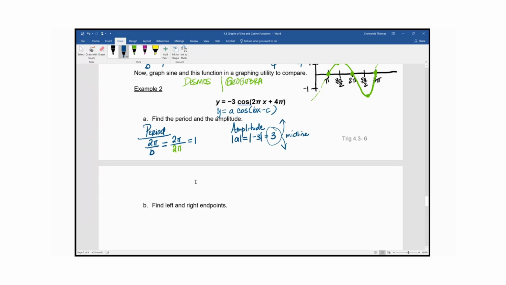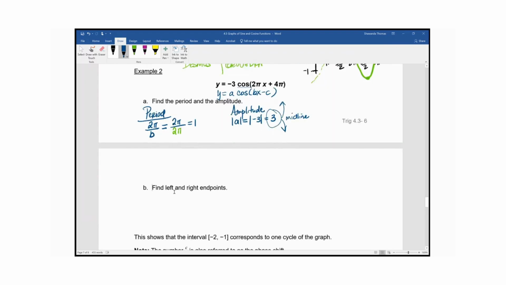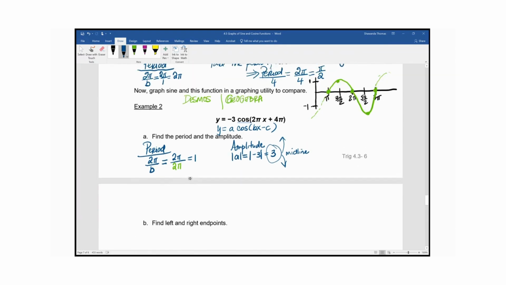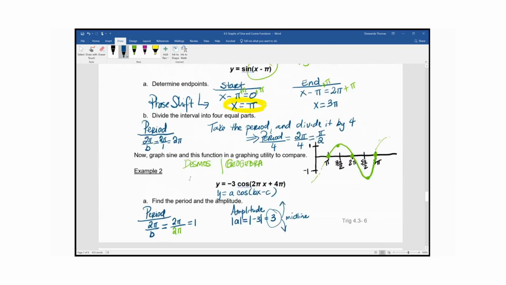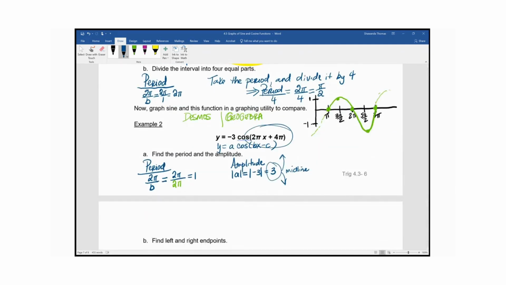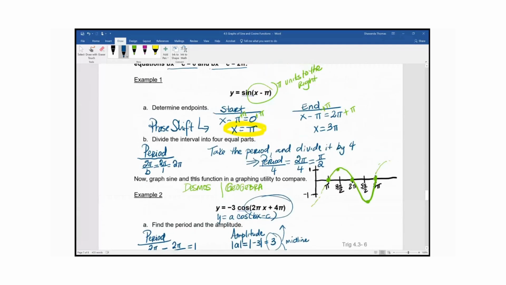All right, let's talk about B. It asks to find the left and right endpoints. So to find the left and right endpoints again, we're just going to take what's in this parenthesis right here, and we're going to set the start to 0 because that's what sine and cosine normally start with, and the end to 2 pi because that's where cosine and sine normally end.